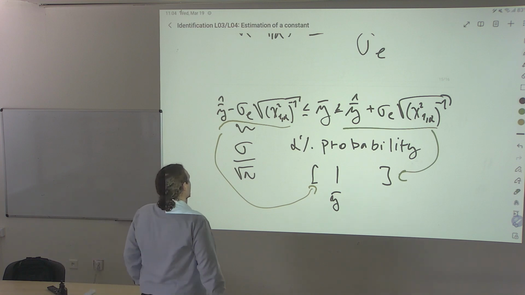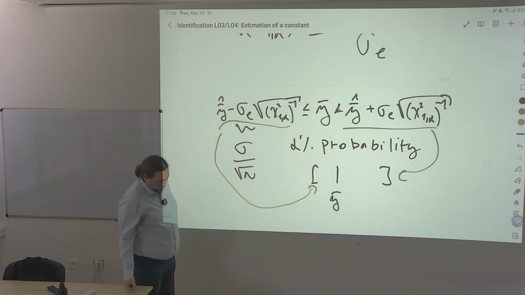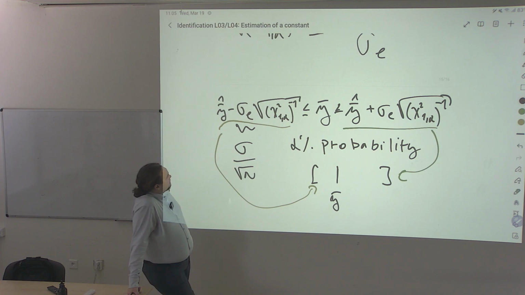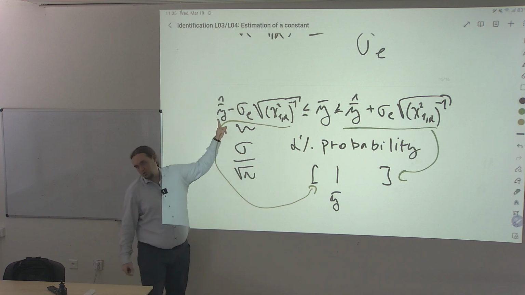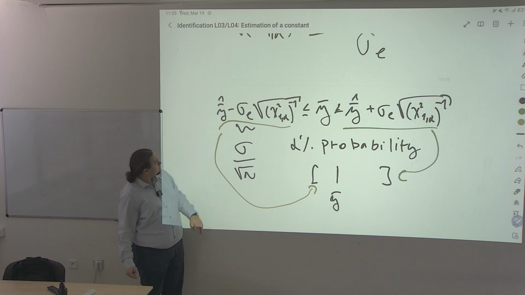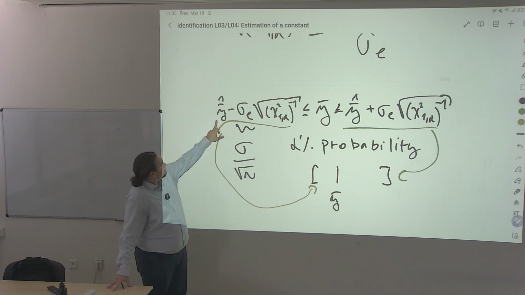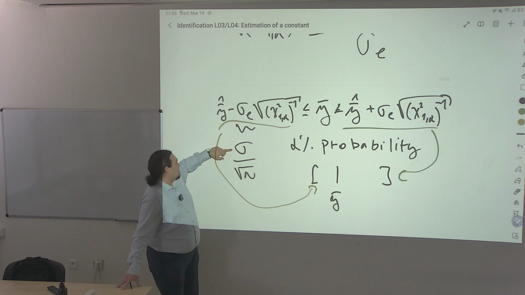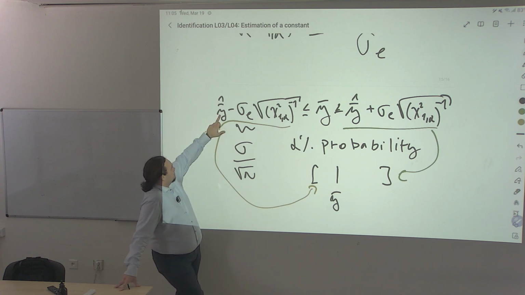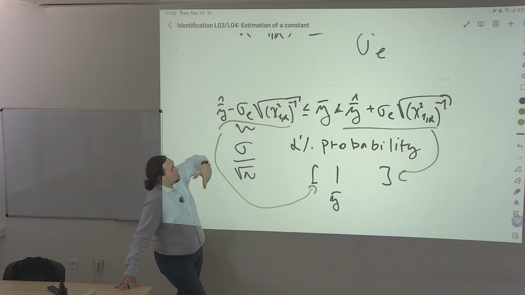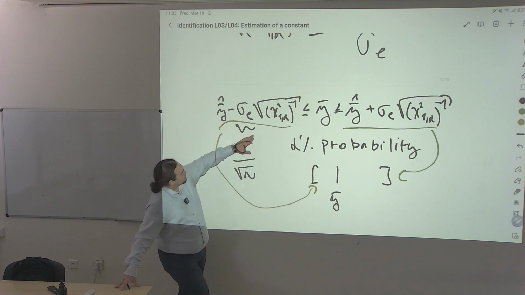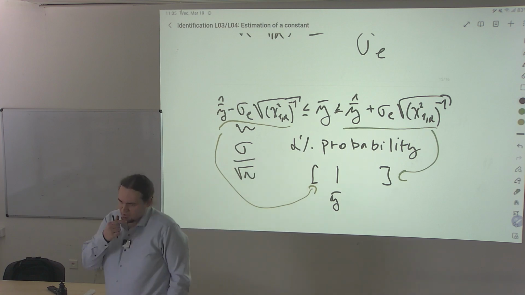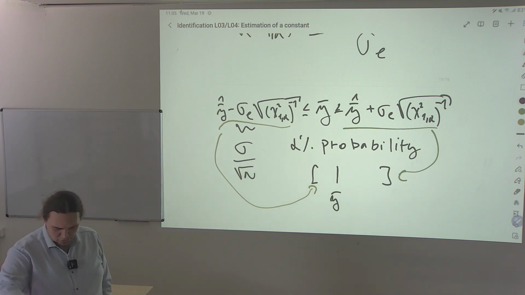And we only need a couple of ingredients for this. We need the estimate of this constant. We need the standard deviation of how far this estimate is from the measurements, and we divide by the square root of the number of measurements, and this is some standard statistical function that we use.